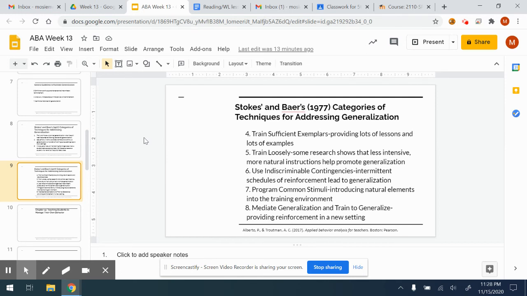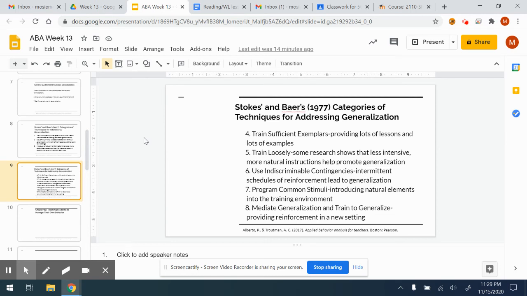However, when we get them to the point of generalization, sometimes it's best to reinforce and prompt in more of a natural setting, so more as behaviors occur, where we can maybe pull a student for small bits of time and reteach or pre-teach or reinforce a skill that they've learned already in their acquisition and fluency stages.